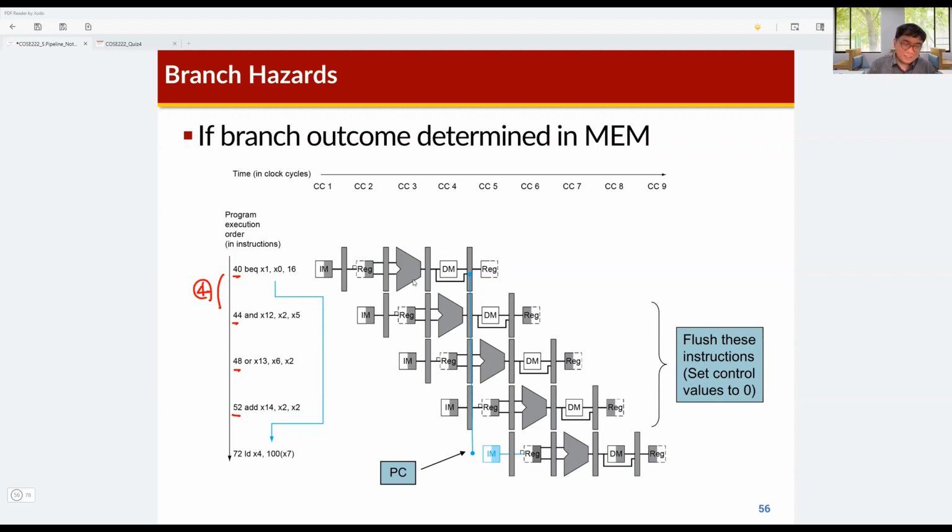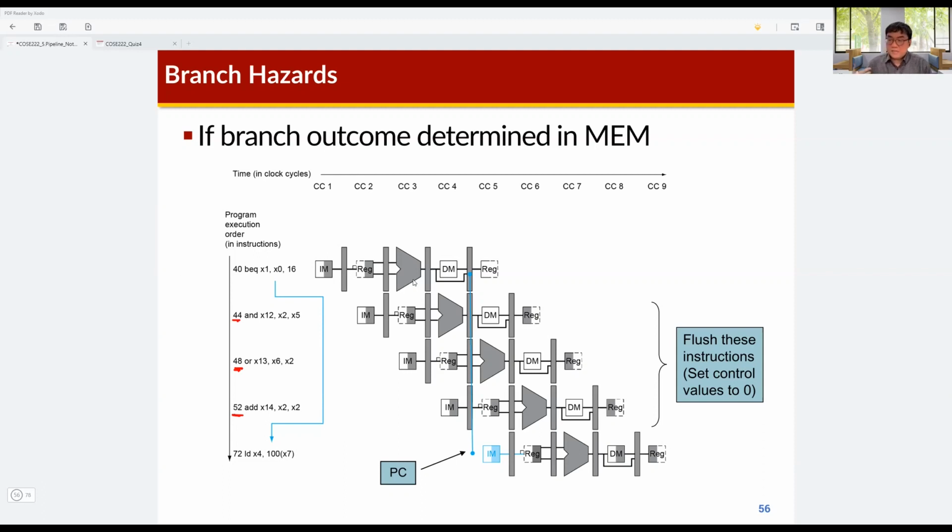That means if the size of the instruction is different, then the PC value of the next instruction can also be different. But for RISC-V, the size of a single instruction is 4, so the next instruction is 44, 48, 52.